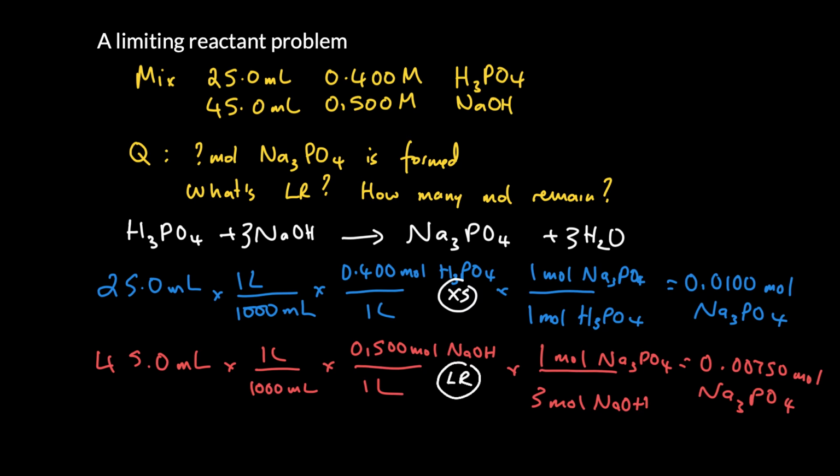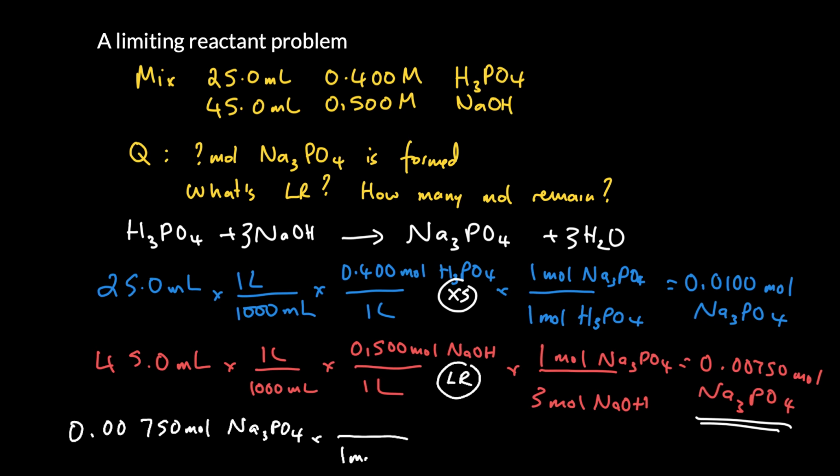Well, we can do this a number of different ways. We can sort of work backwards. We know we should be forming 0.0075 moles of sodium phosphate, so we can go from that and go backwards.